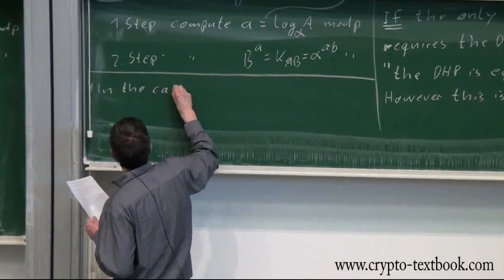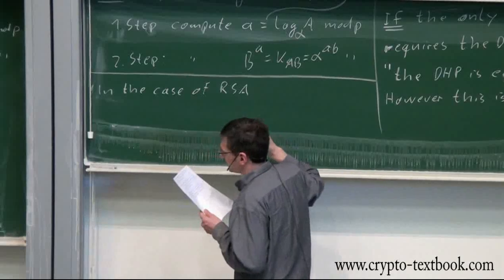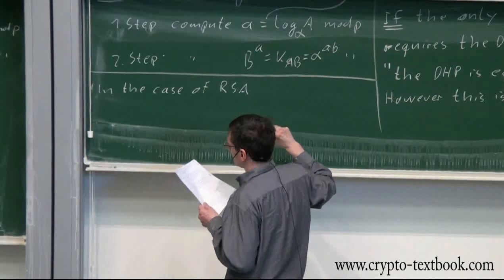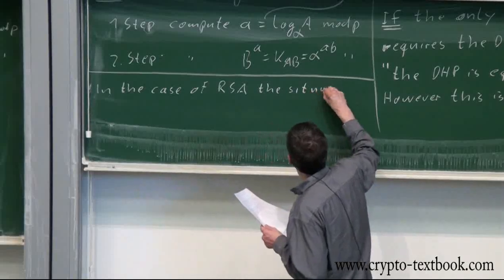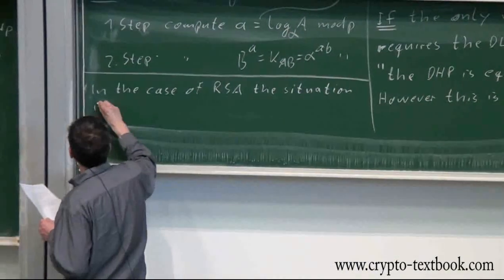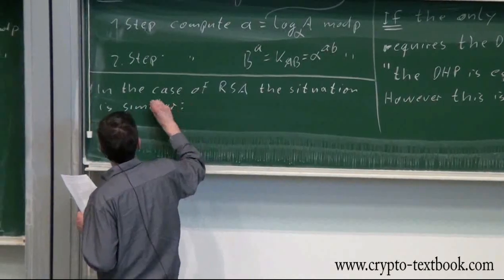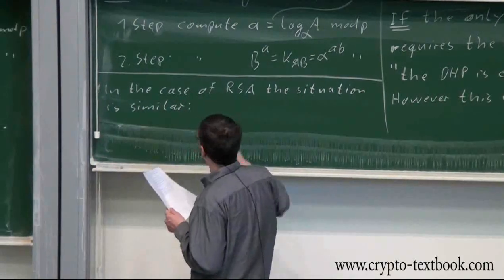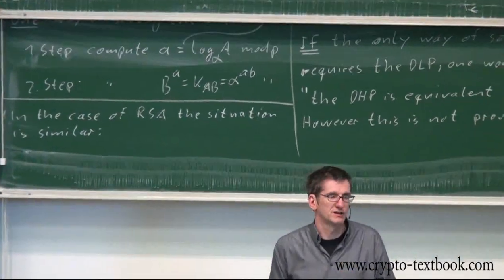In the case of RSA, the situation is similar: What is the main attack against RSA? What do we have to do to break RSA in practice?